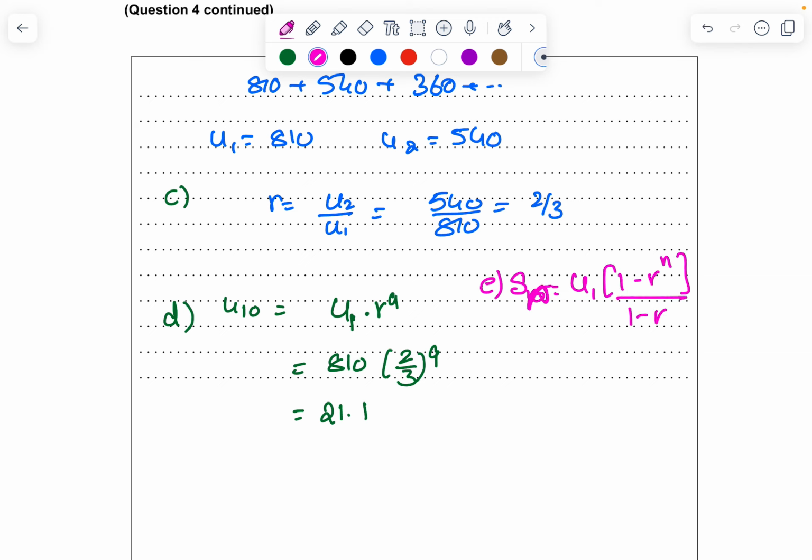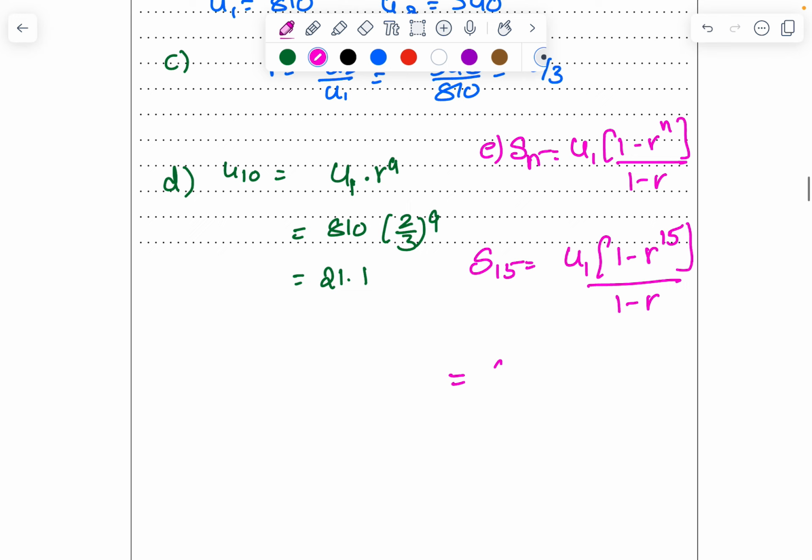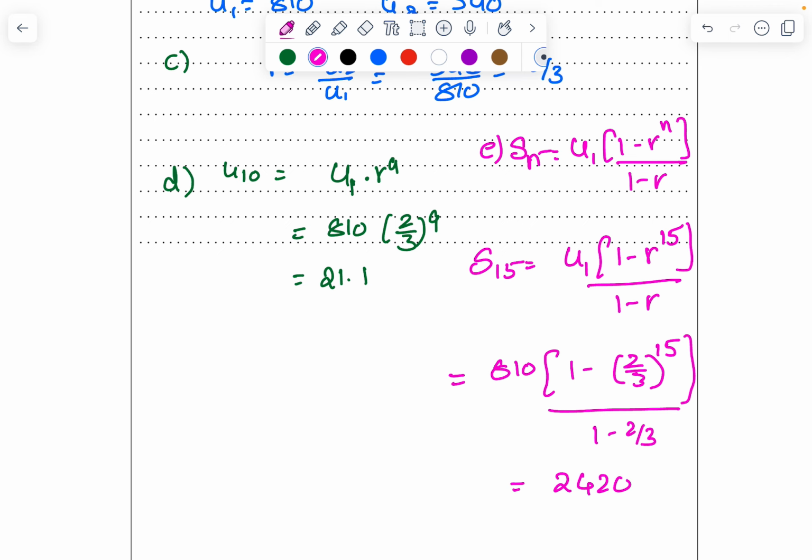This is the formula for Sn. I want S15. So it is going to be U1 times 1 minus r to the power of 15 by 1 minus r. So that's going to be 810, 1 minus 2 upon 3 whole to the power of 15 divided by 1 minus 2 upon 3, which is going to be 2420.